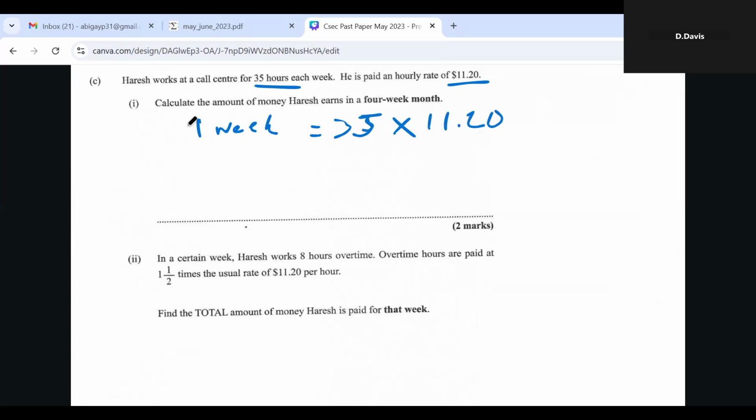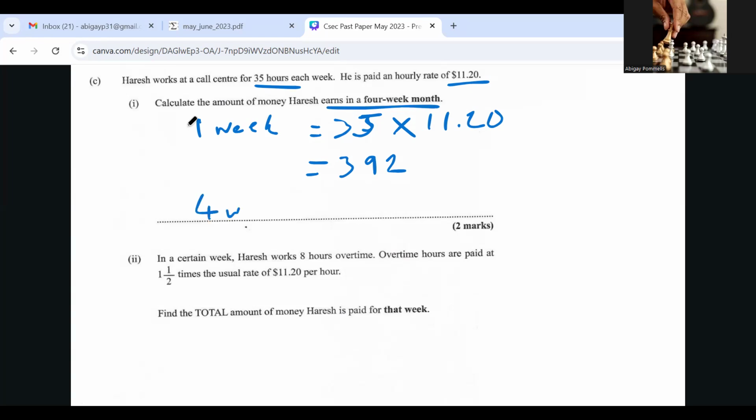So in that, 35 times 11.20 equals, yes? Oh yeah, nice. I thought it was $35 per each week. Never mind. Okay. $392, yes. And it says how much he earned in 4 weeks.